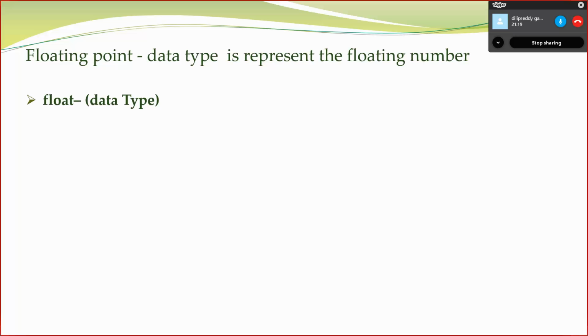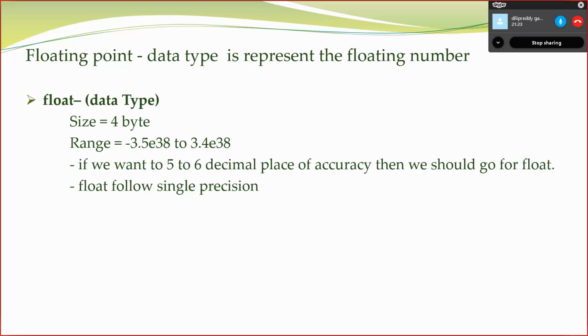In float, the size will be 4 bytes, and the range is minus 3.5 e38. You know this concept, correct? This decimal point. E means you have a multiple of ten, correct? That is a big one. What they call it in mathematics, I forget that. So there's a big range for this one.